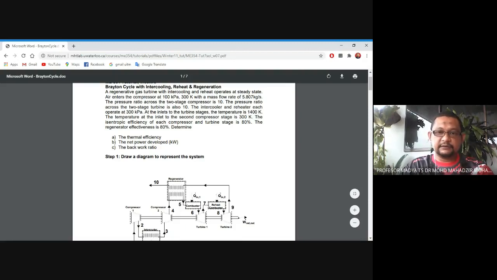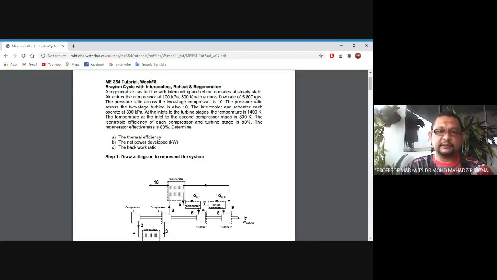It also says that there is a regenerator effectiveness, which means a regenerator has been put in the system, and it wants you to analyze the cycle given the isentropic efficiency of 80% for the compressor and turbine stages.